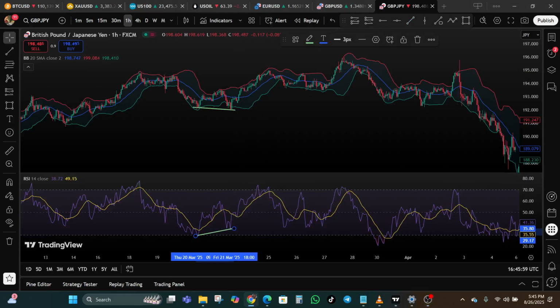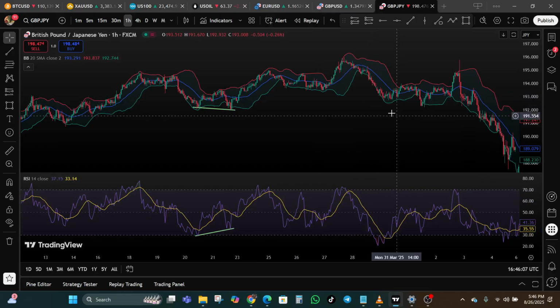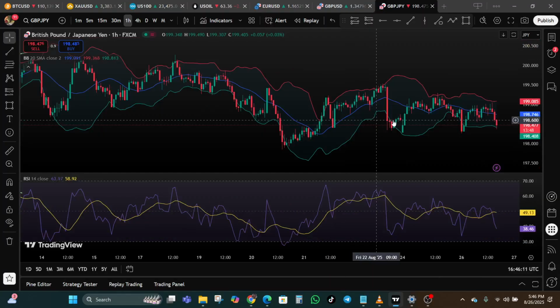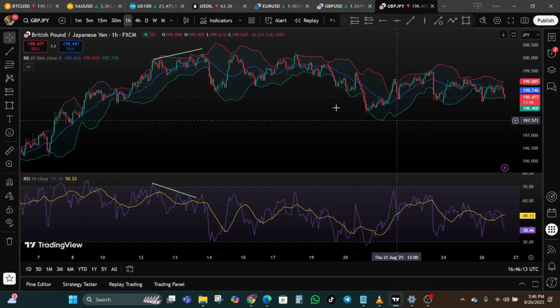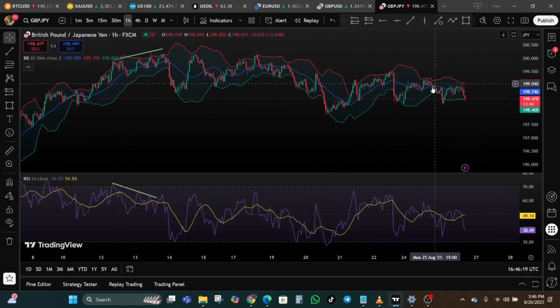Now let us move to the second piece of the puzzle, which is the Bollinger Bands, the Bollinger Band Squeeze, to be precise. Bollinger Bands measure volatility. When the bands contract and squeeze tightly together, it means the market is in a low volatility phase.